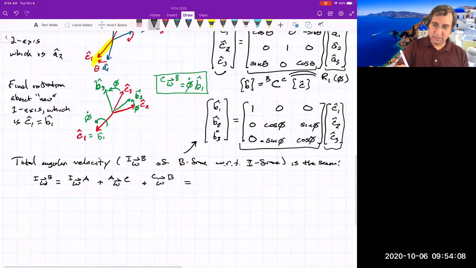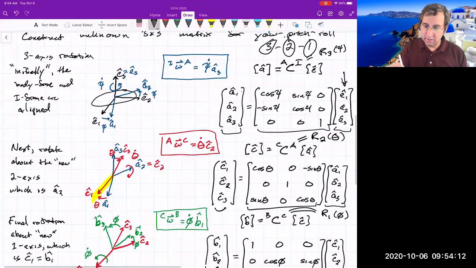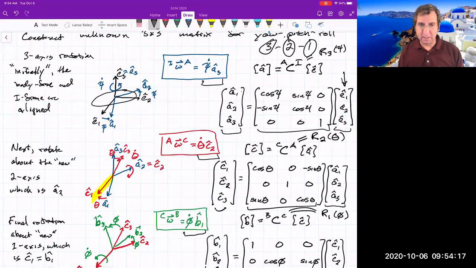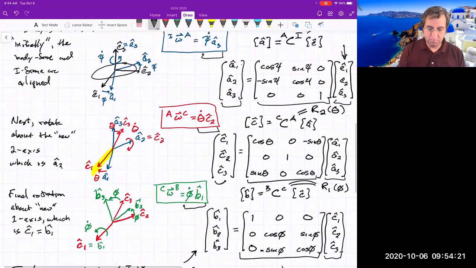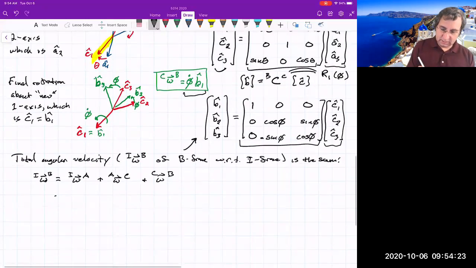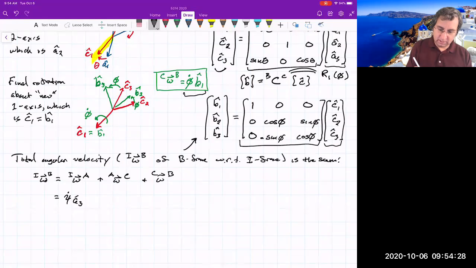Okay, and what is it? The way that we've written it, it's in terms of three different basis vectors: A3, C2, and B1. So this down here is psi dot A3 plus theta dot C2 plus phi dot B1.